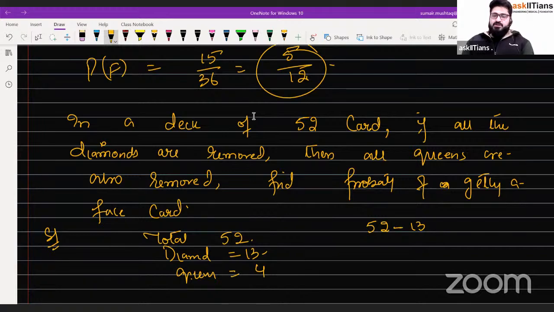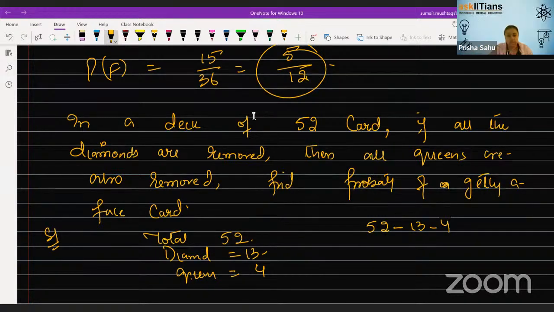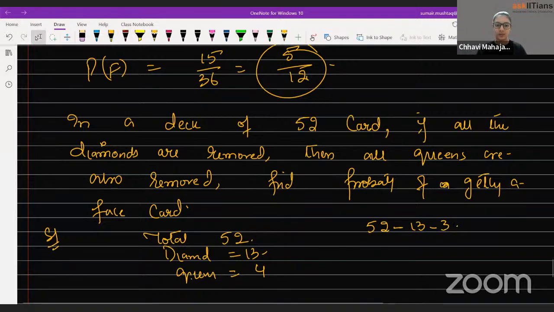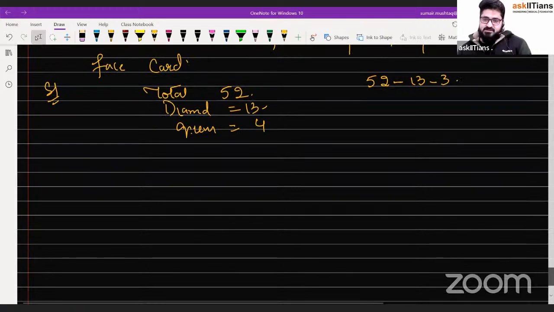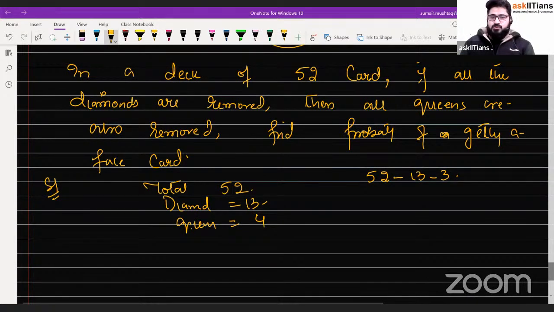And after removing 13, how many more do you have to remove? 4 or 3? 3. Why? Because one of the queens is a diamond, already removed. Very good. So how many cards are left? 36.